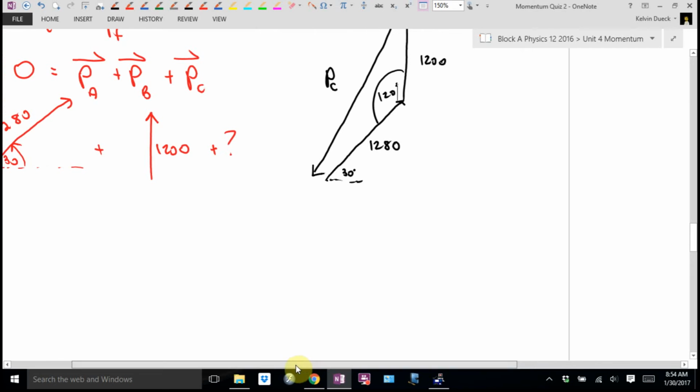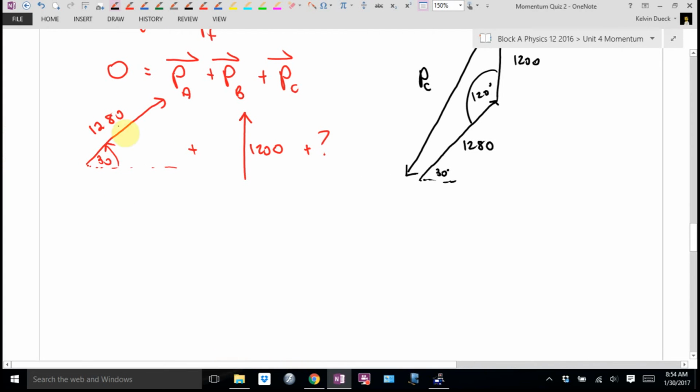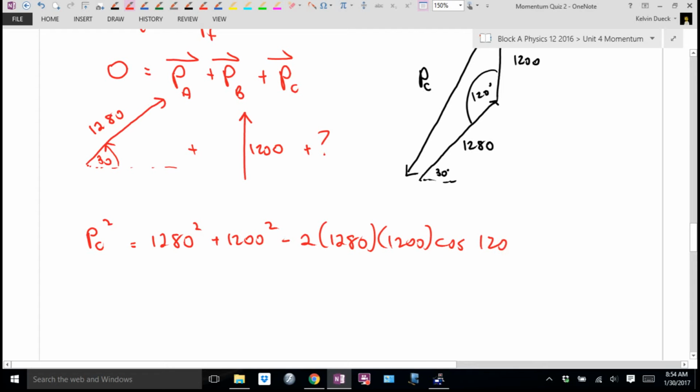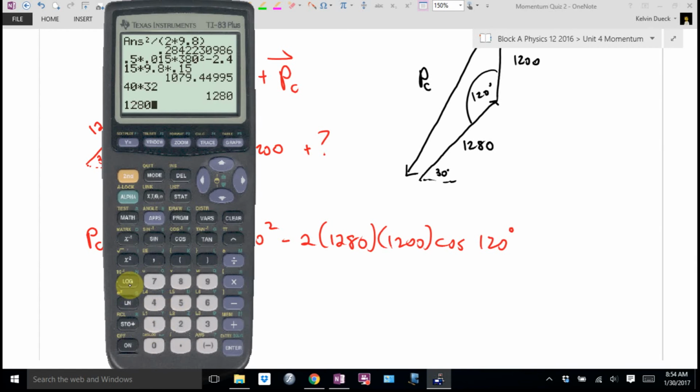And now I can bring in my old friend, the cosine law. The momentum of piece C squared is going to be 1,280 squared plus 1,200 squared minus 2 times 1,280 times 1,200 cosine of 120 degrees. 1280 squared plus 1200 squared minus 2 times 1280 times 1200 cos of 120 degrees.